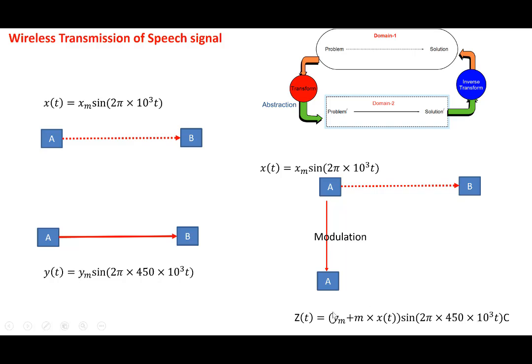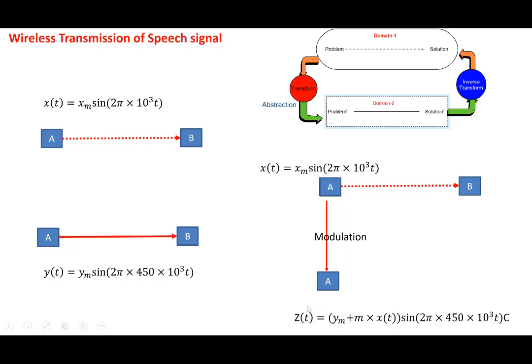To produce a signal like this, note that it is nothing but the original signal Ym sin ωt plus a multiplication of x(t) and y(t). So all I need is a multiplier to generate a signal like this. This is a high frequency signal.